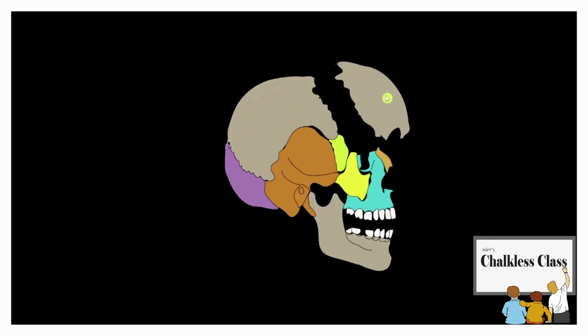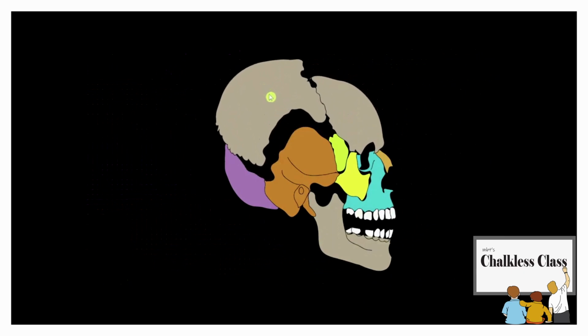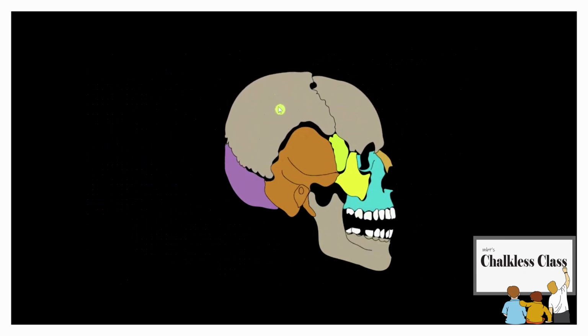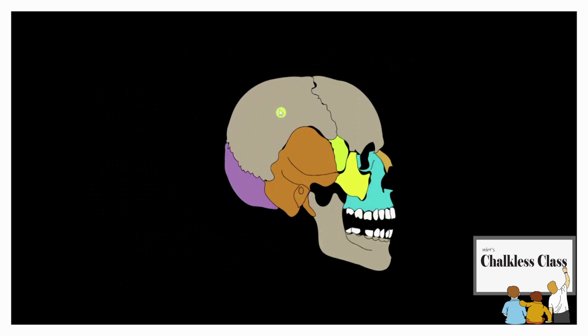This is the frontal bone which forms the forehead of the skull. These are parietals. Parietals form the top of the cranium and also the sides of the cranium. These are paired bones. The unpaired bone is the occipital bone, which forms the posterior part of the cranium.